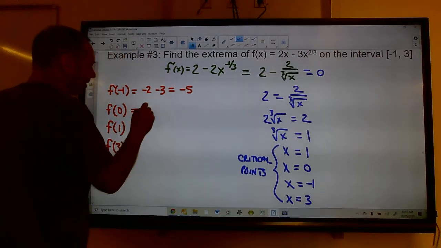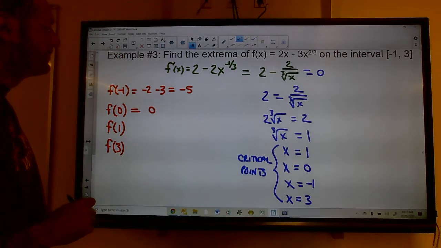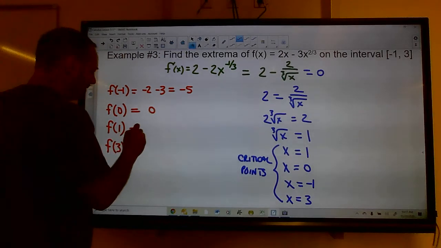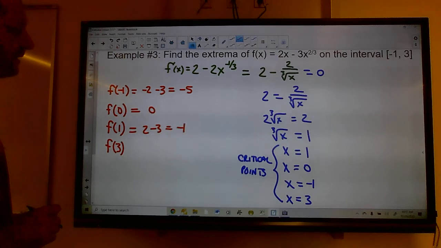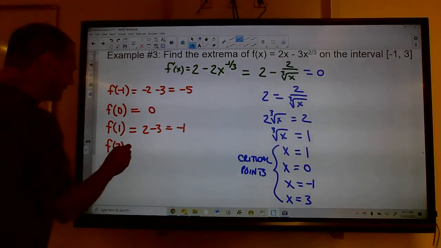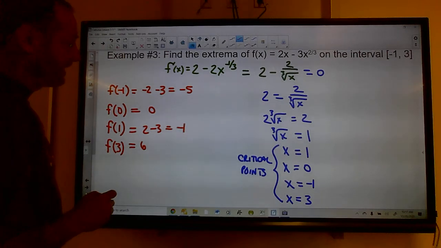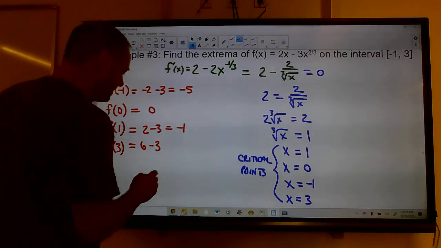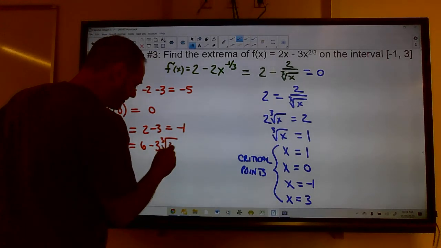If I plug in 0, I'm going to get 0. If I plug in 1, I'm going to get 2 minus 3, which is -1. And if I plug in 3, I'm going to get 6 minus 3 times the cube root of 3 squared.